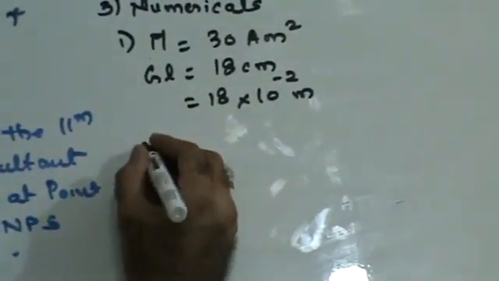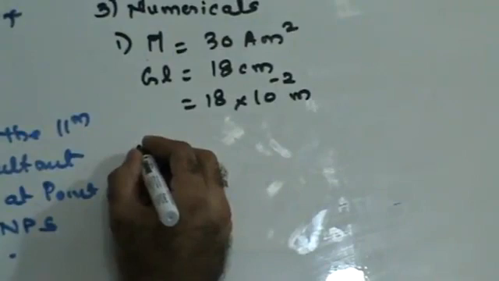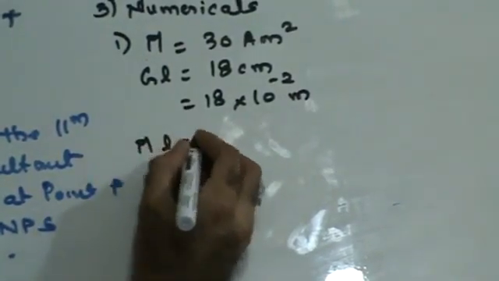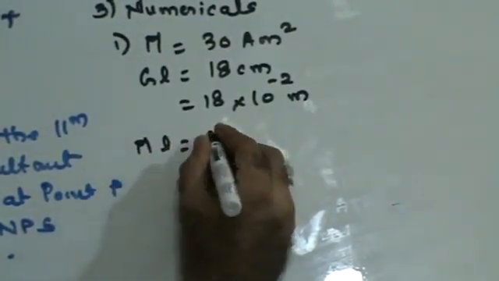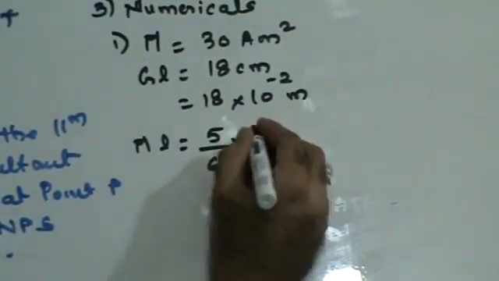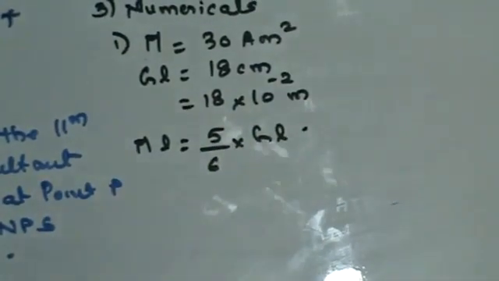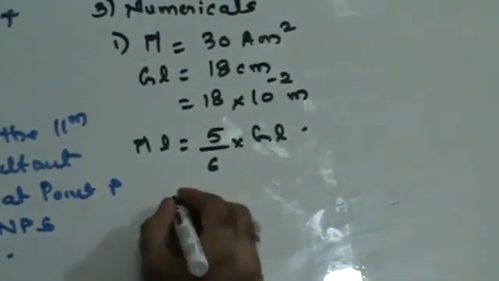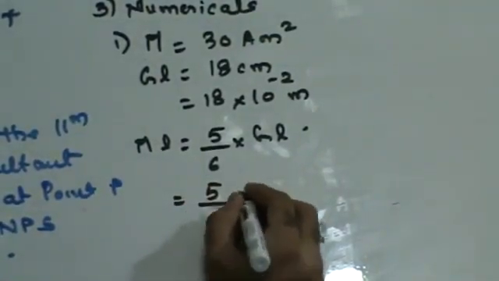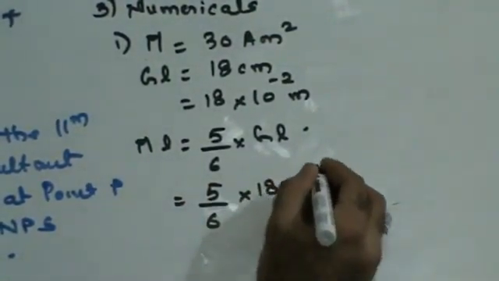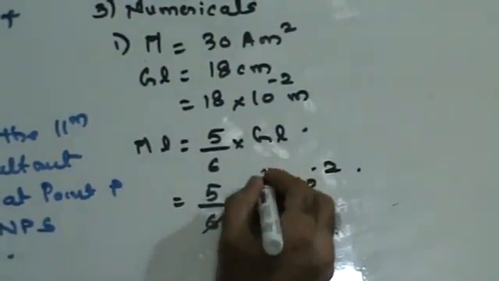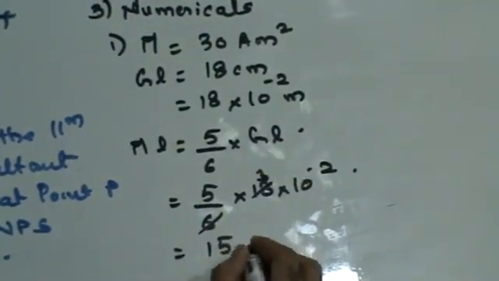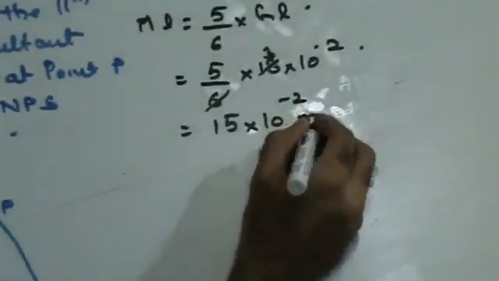Now geometric length is given to you. First of all, I need to know its magnetic length. Magnetic length is given by the formula 5 by 6 into geometric length. So my magnetic length will be 5 by 6 into 18 into 10 raised to minus 2, so my magnetic length will be 15 into 10 raised to minus 2 meters.